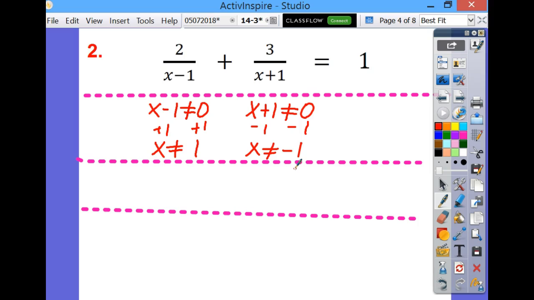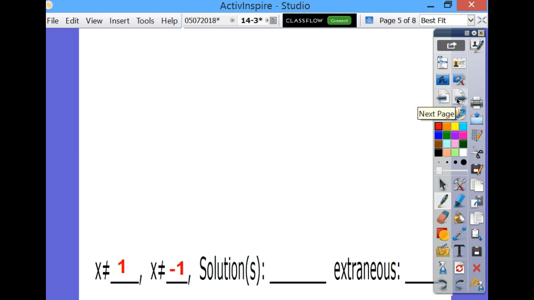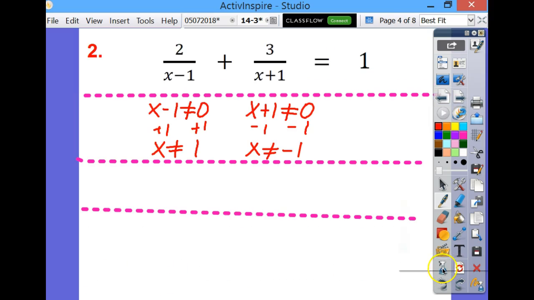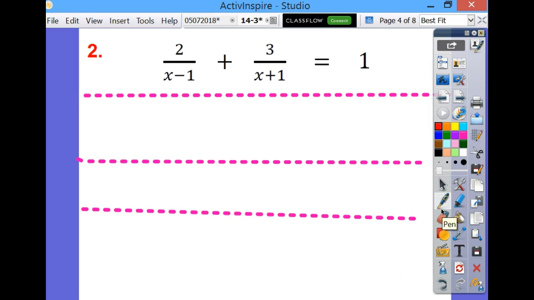That's what X cannot be equal to. And so I figured that out, and I write it down at the bottom of the box where it has what X cannot be equal to.